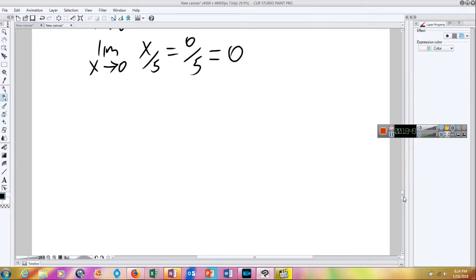Alright, number 7. Limit x tends to infinity for the function -3 times 5 plus 4x plus 11.